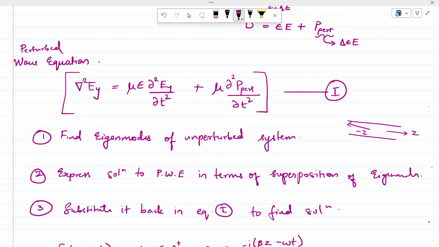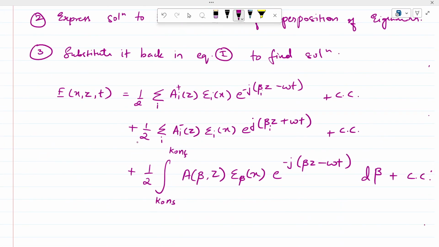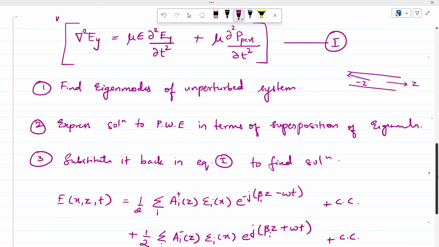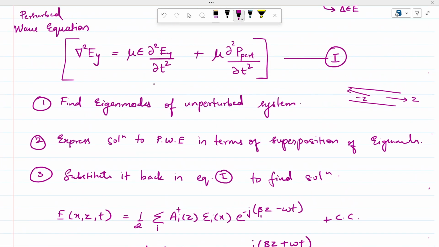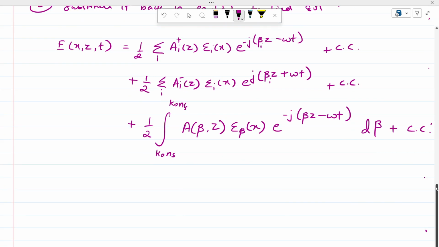So we have the wave equation, the perturbed form. We have the general solution. Now we need to substitute this solution into the wave equation and try to solve for different amplitudes and mode profiles and everything. That is a very complicated algebra that we need to do.